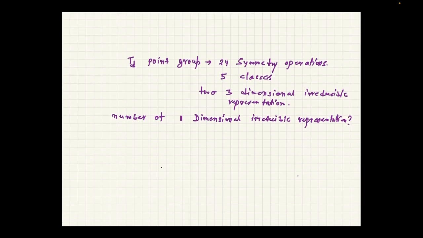Okay, now there are multiple steps here. The tetrahedral point group has 24 symmetry operations, which means the order of the group is 24.